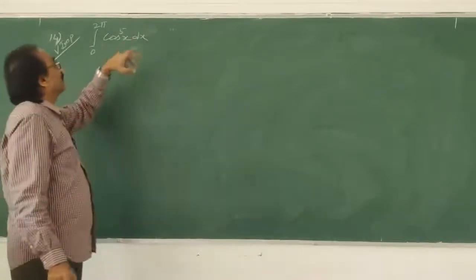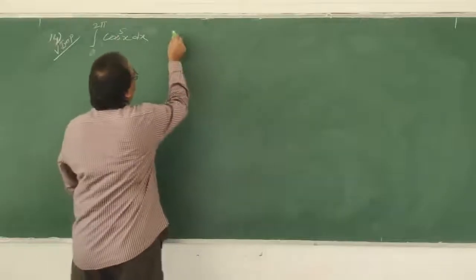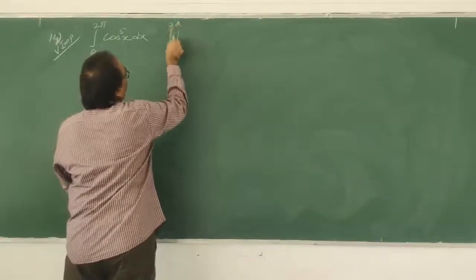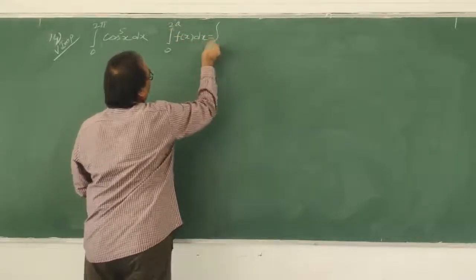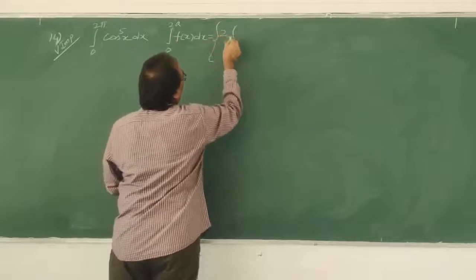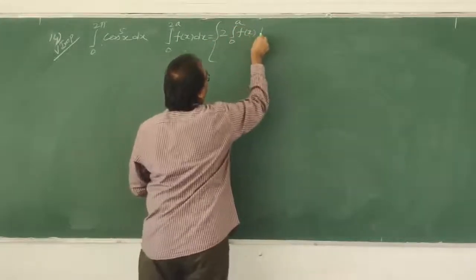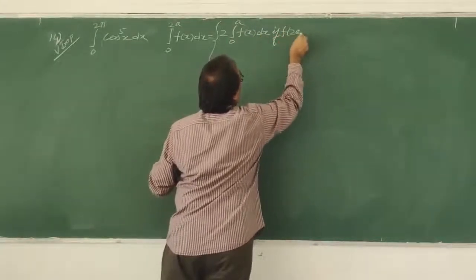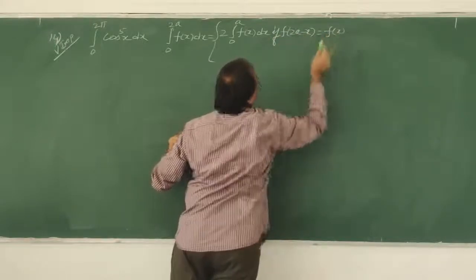Whenever you see this problem, do you remember any property? Yes sir. What property is that? I will write this here. Integral 0 to 2a f of x dx is equal to 2 into integral 0 to a f of x dx, if f of 2a minus x is equal to f of x. Property number 6, P7 or P6?